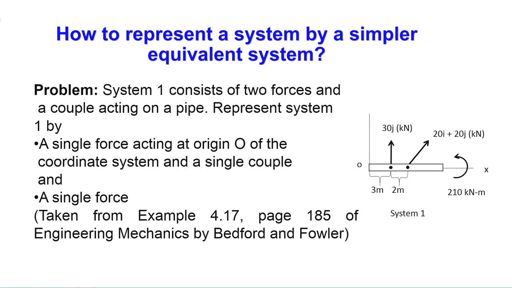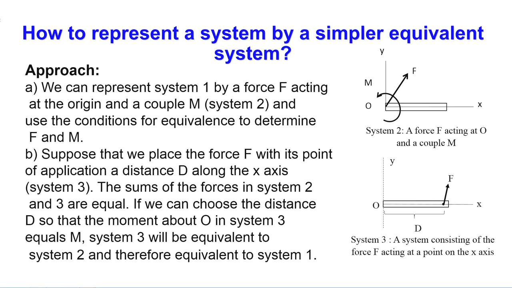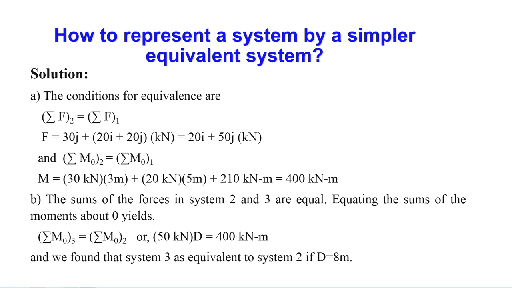So, these forces we have to add to find the one single system, that is system 2, where the force is F and moment is m. So, F for system 2, the summation of forces is F, and the two forces in system 1 are added and we get this.